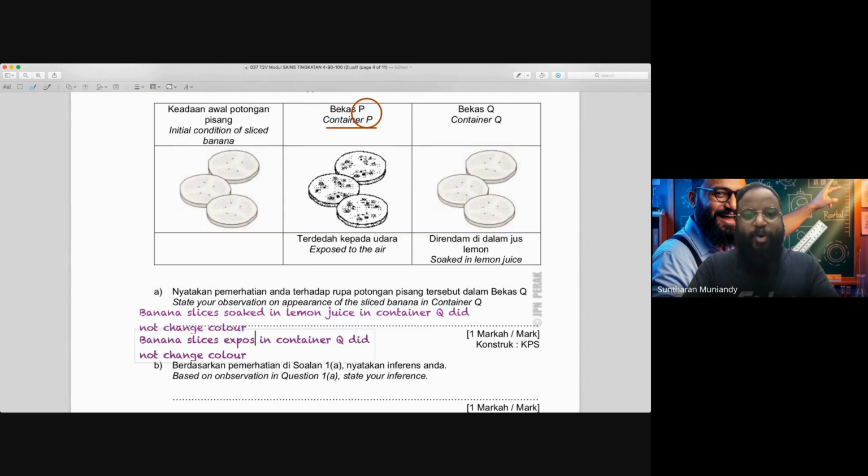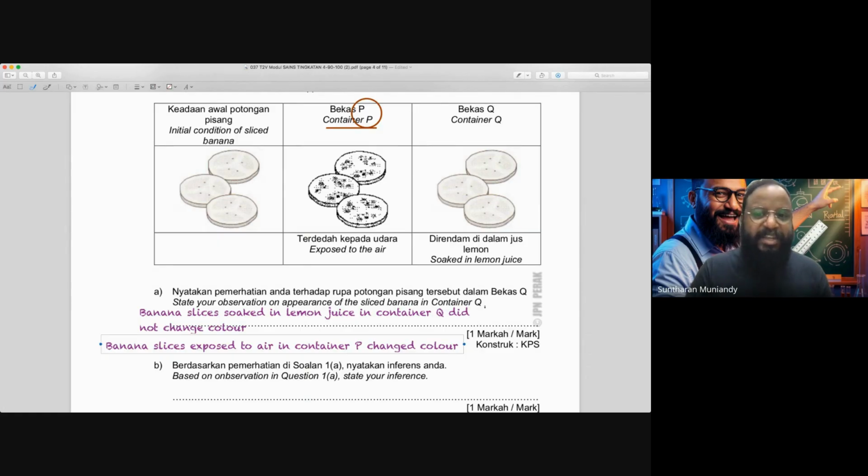Okay, in case they want me to write down the answer for container P, but they asked me in container Q, right?